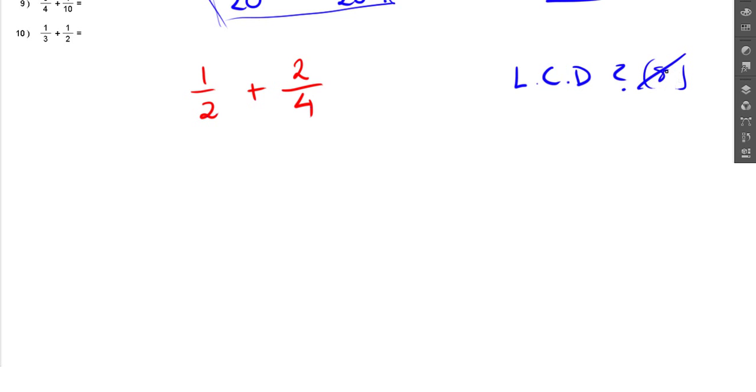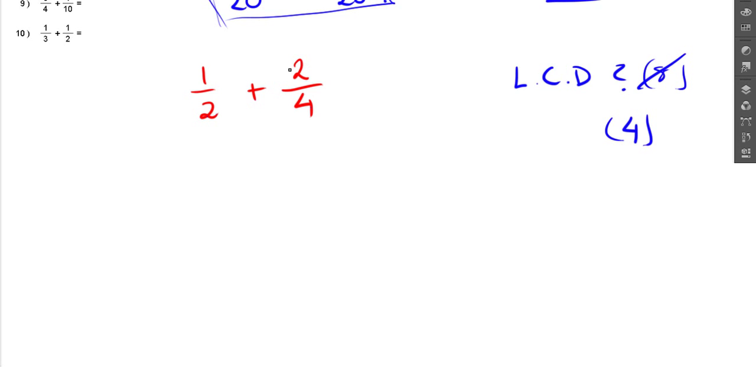It is a common denominator. They both go into 8, that's true, but it's not the lowest number. But in fact, 4 is the lowest common denominator, because 4 goes into 4 once, and 2 goes into 4 twice. So they both go into it, so it's a common factor, and it's the lowest common factor that both these numbers go into. So in this case, 4 is the lowest common denominator.